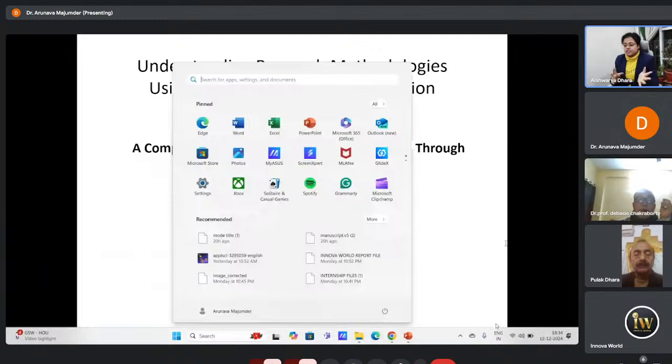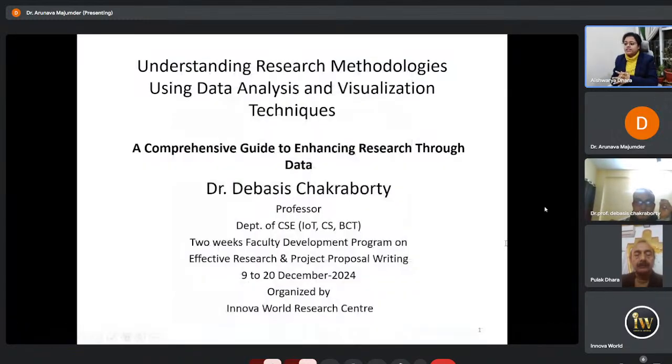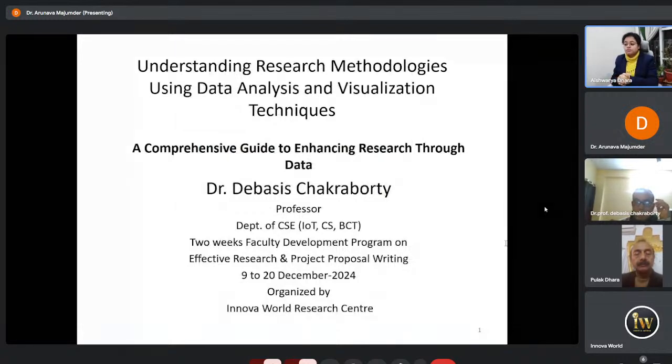In the last three days, we had a fantastic beginning with structuring a research paper section by section, and also a briefing about research methodology using LaTeX.